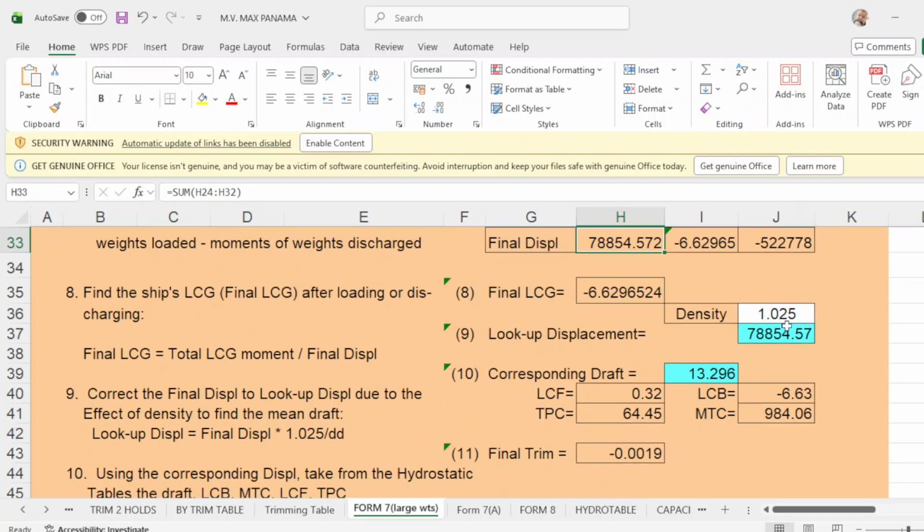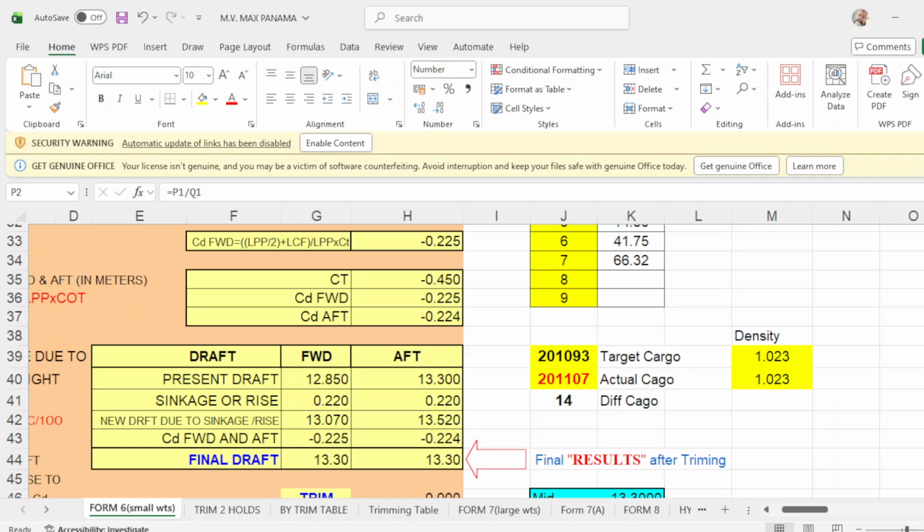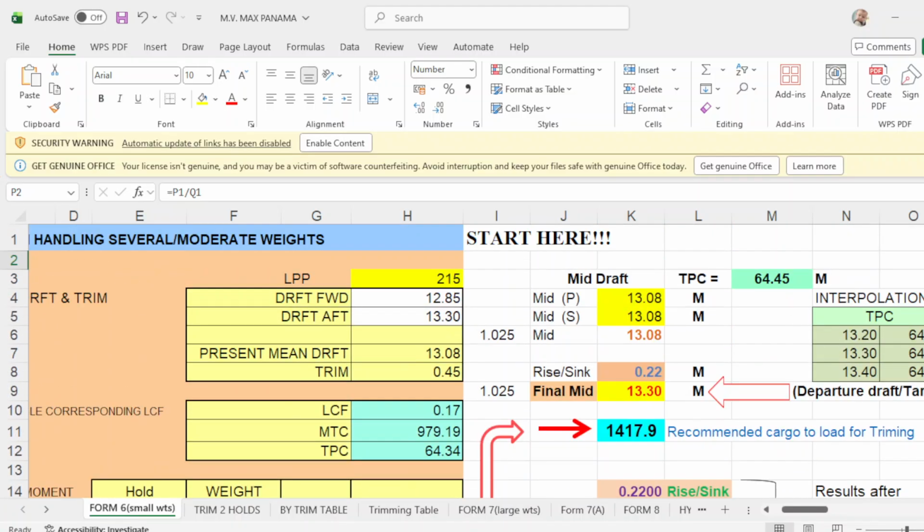You will also have your density 1.025. It is also the same here as in form number 6. So when you take your initial draft, you put your density of 1.025.